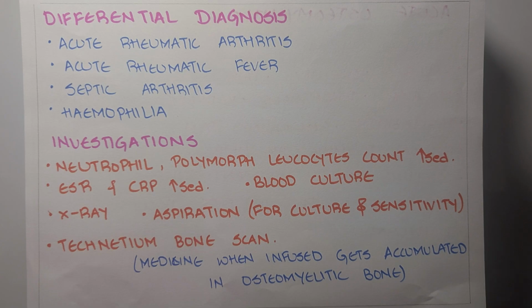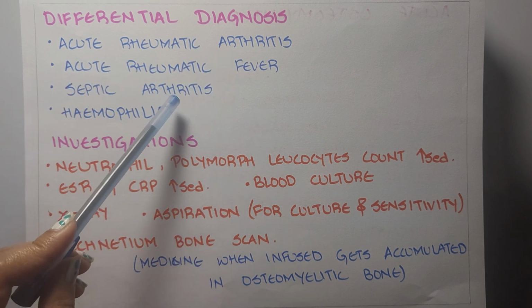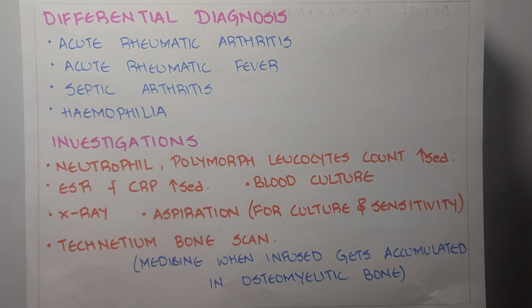So knowing about the differential diagnosis, now what other conditions can resemble acute osteomyelitis? So the differential diagnosis will be acute rheumatic arthritis, acute rheumatic fever, septic arthritis, and hemophilia, because the clinical features of these four conditions are also quite similar to acute osteomyelitis.